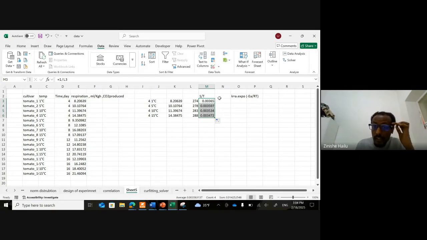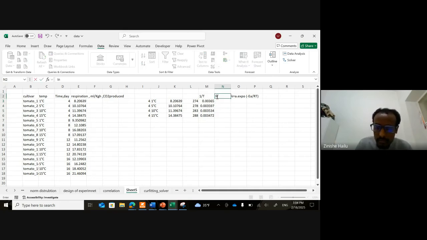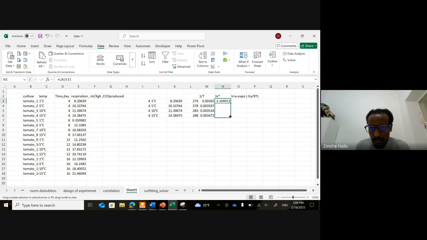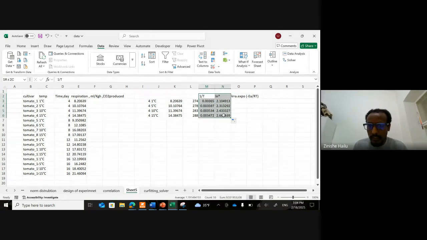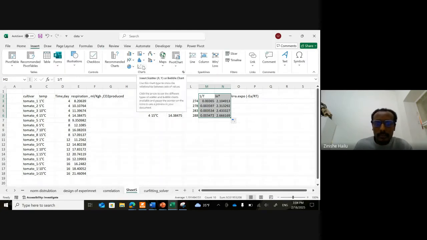And next I have to put the ln of K, ln of the respiration rate. So it's equal to ln of this respiration rate. And then I'll drag to this. And then I will plot this with this scatter plot.